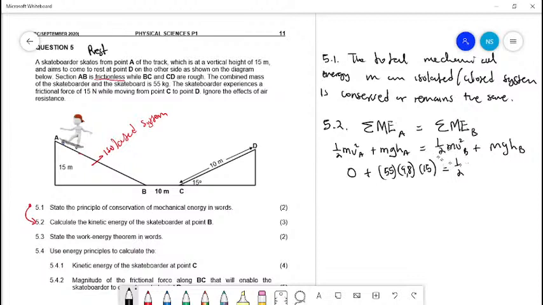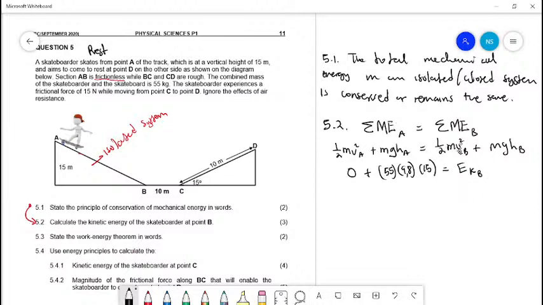here I've expanded the kinetic energy, but you realize that the expansion of the kinetic energy will eliminate the quantity that we're looking for. So what we can do here is to simply write our EK as the EK at point B, because that's what we're looking for.